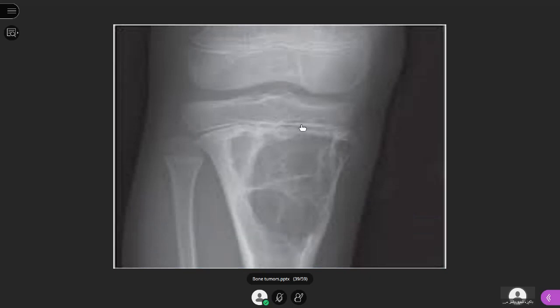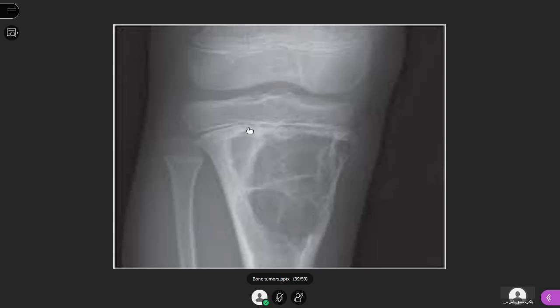And that means when you see the bone, see the epiphysis. If it is unfused, then you have got two possibilities. Okay? Simple bone cyst or aneurysmal bone cyst. So if you are dealing with a lytic lesion which is in the metaphysis of an unfused skeleton, the epiphysis is unfused, less than 20 years age, then most likely you are dealing with either a simple bone cyst or an aneurysmal bone cyst.